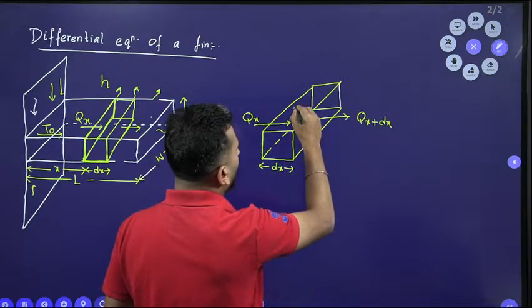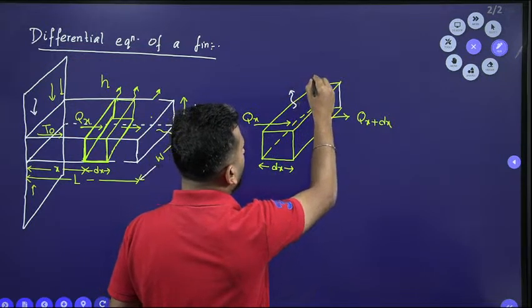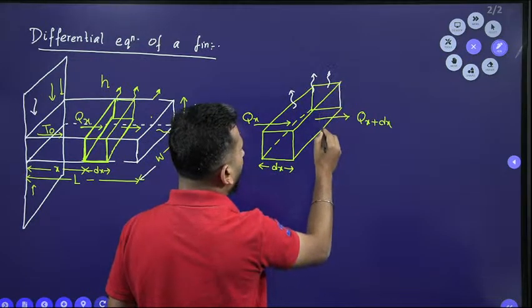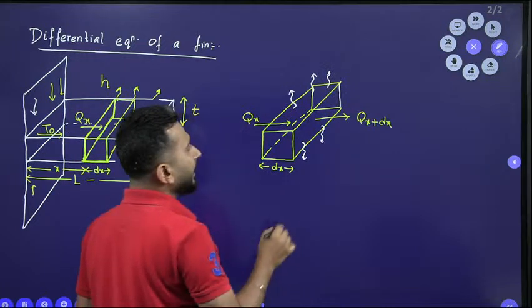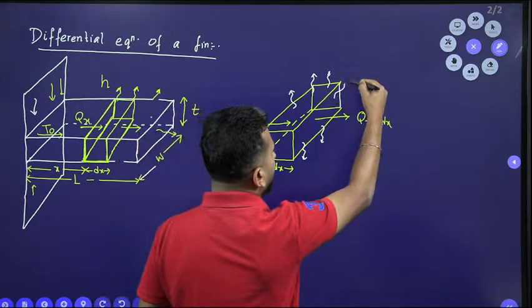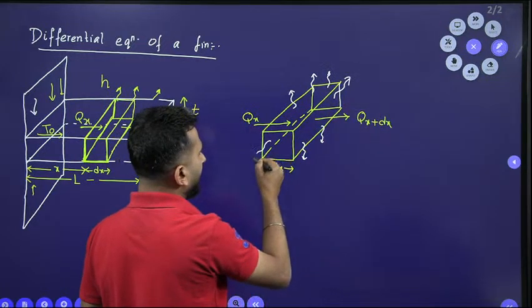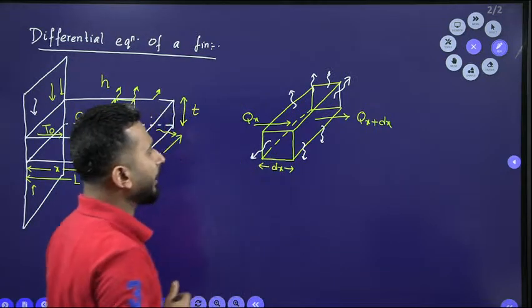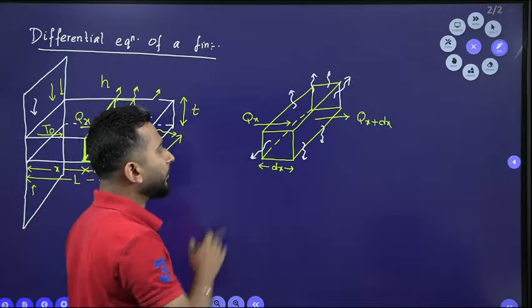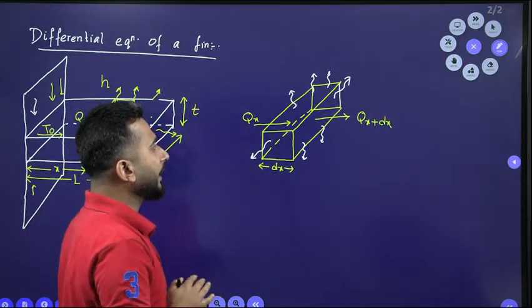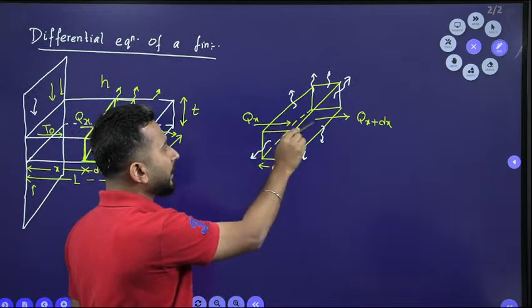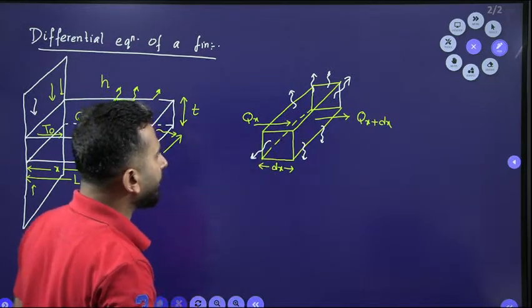And from the top surface and bottom surface also, heat is getting convected. And from this side surface and this side surface, heat is getting convected. So if I ask you from how many faces heat is getting convected, there are 4 faces from which heat is getting convected, and through these 2 surfaces heat is getting conducted, right?